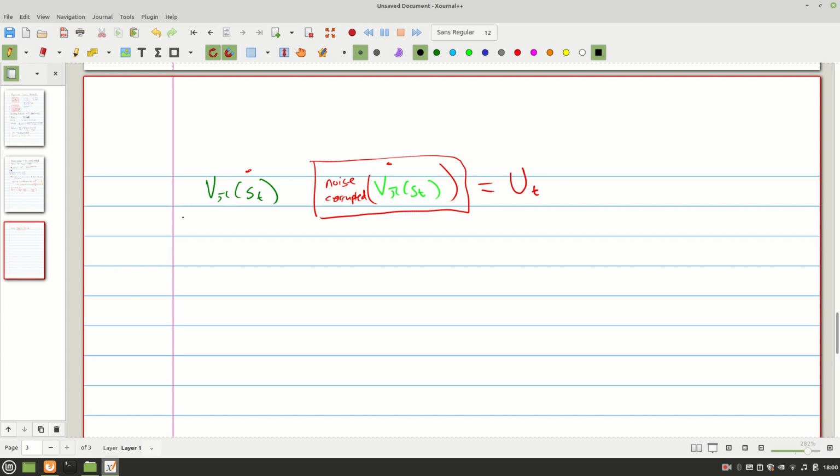So what we are trying to find is, once more, wt plus 1 is equal to wt plus alpha times, instead of v pi of st, we have ut, minus v of st, comma wt, times delta v of st, comma wt.